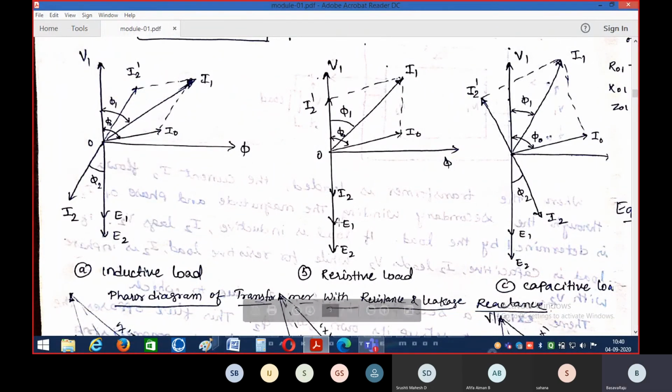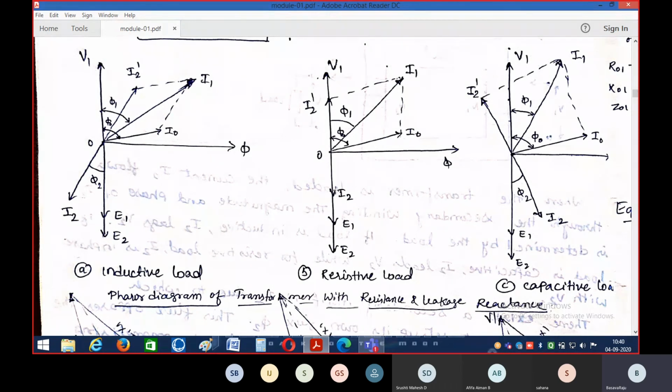Induced voltages E1 and E2 are both opposite to V1, that is 180 degrees out of phase with V1. And since it is a resistive load, the current and voltage are always in phase. So this current is in phase with the induced voltages E1 and E2, meaning there is no phase difference between voltage and current. So I2 is in phase with E1 and E2.